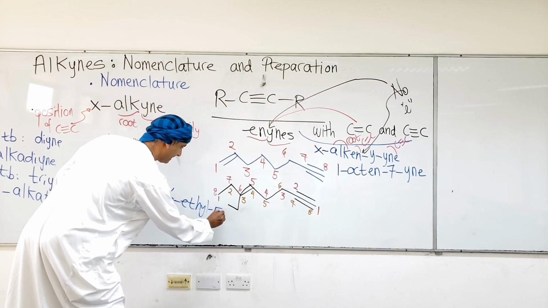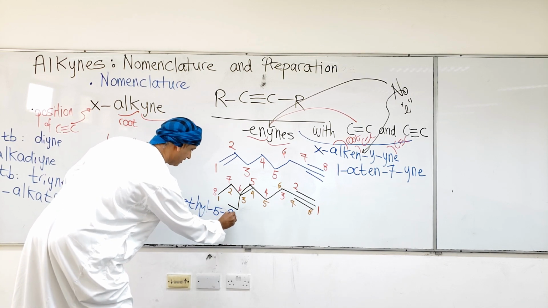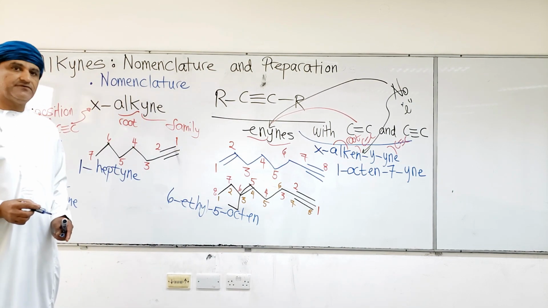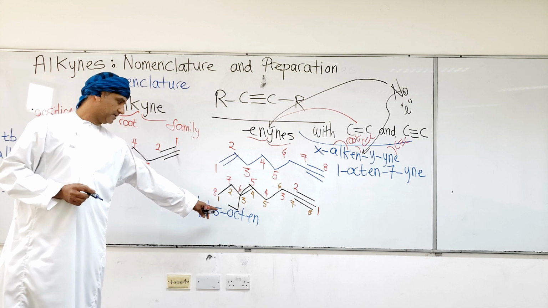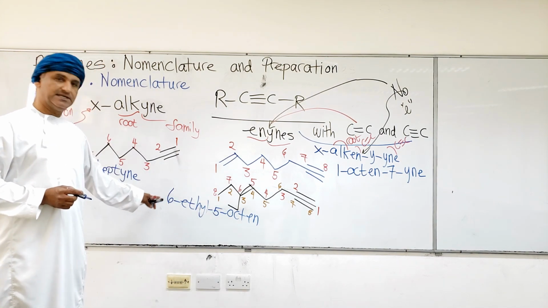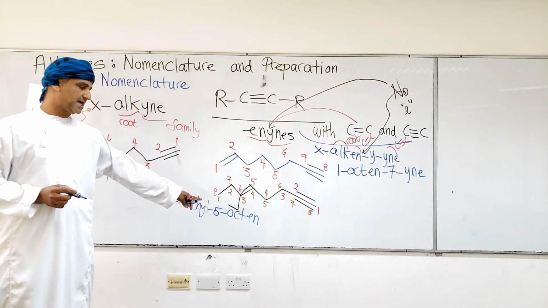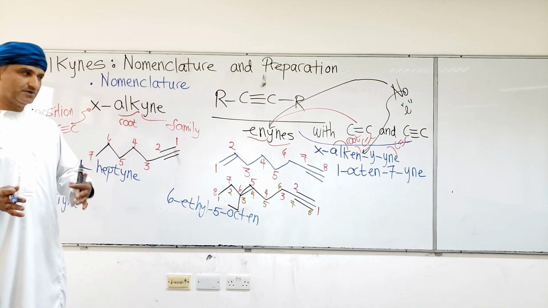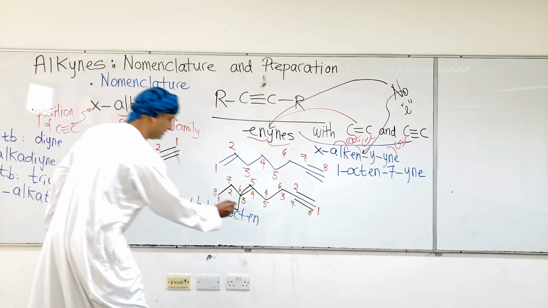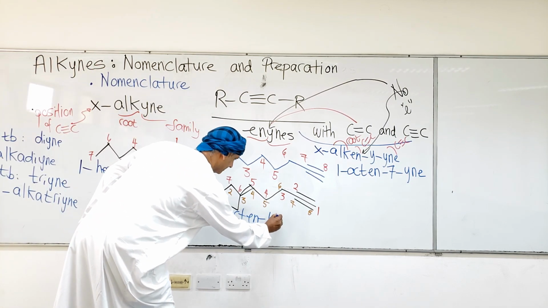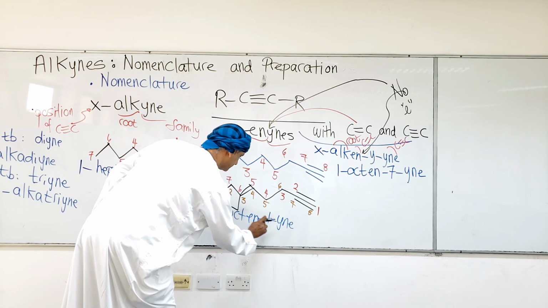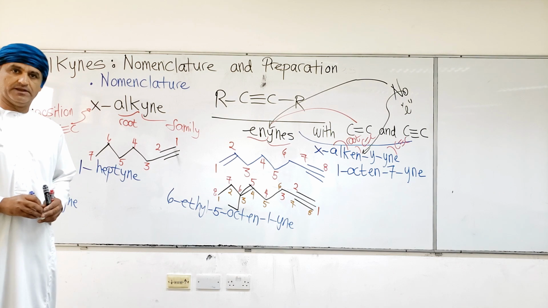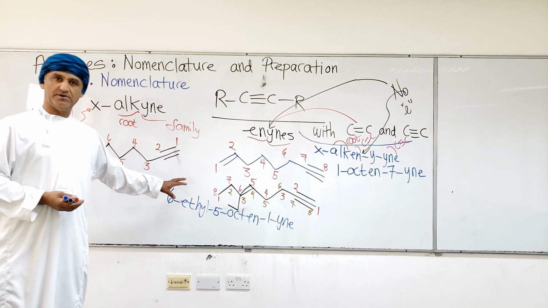So 5-octene. So 6-ethyl-5-octene means the chain consists of 8 carbons. There is an ethyl group at carbon 6. There is a carbon-carbon double bond at position 5, but that's not yet the end of the name. We should continue with the yne part, then 1-yne, which means there is a carbon-carbon triple bond at position number 1. So this is the name of this compound.